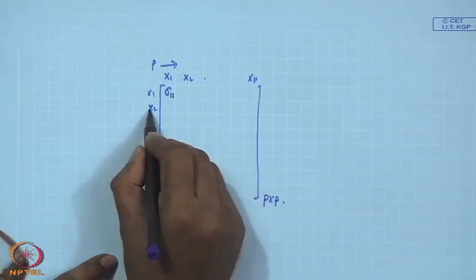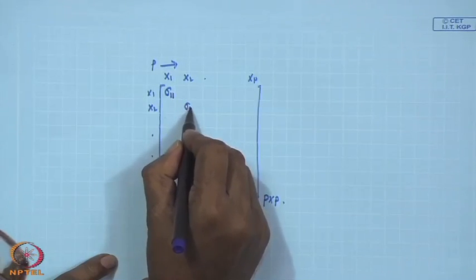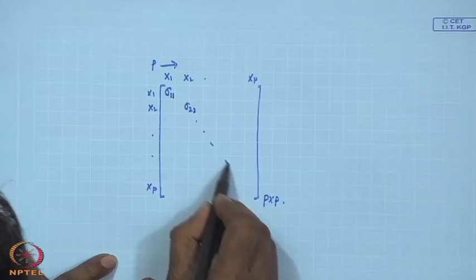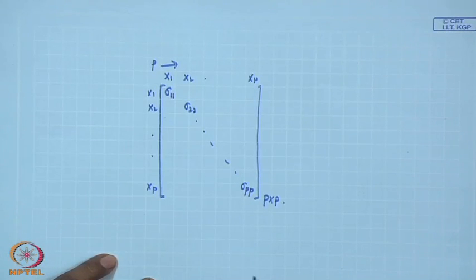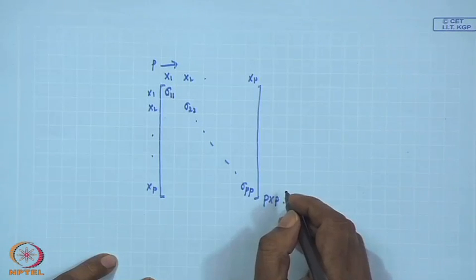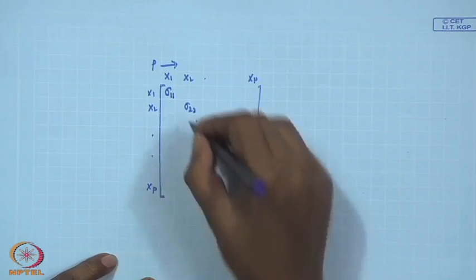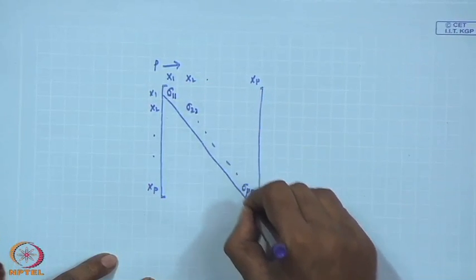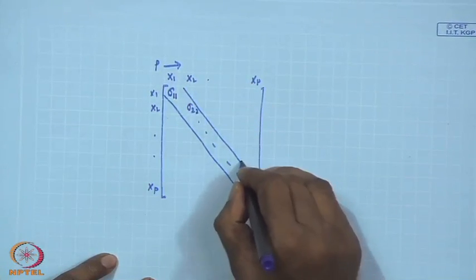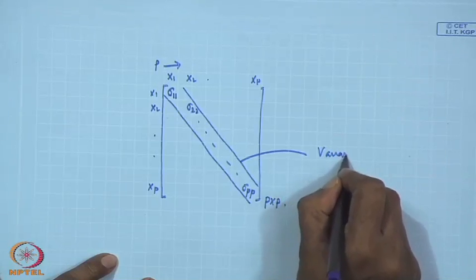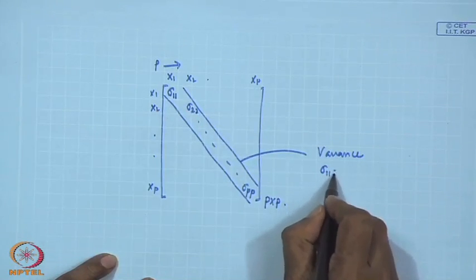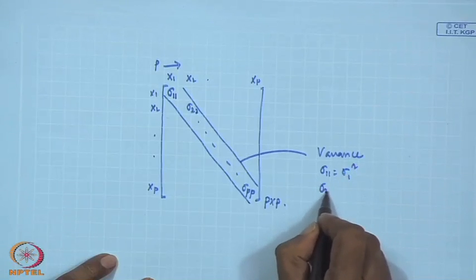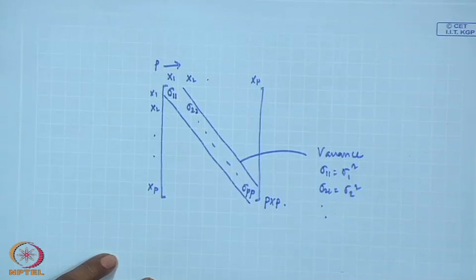For the second case x 2, this will be sigma 22. Like this, for p variables, x p is sigma pp. All the elements on the diagonal are the variance component, as I told you, sigma 1 equals sigma 1 square, sigma 2 equals sigma 2 square.